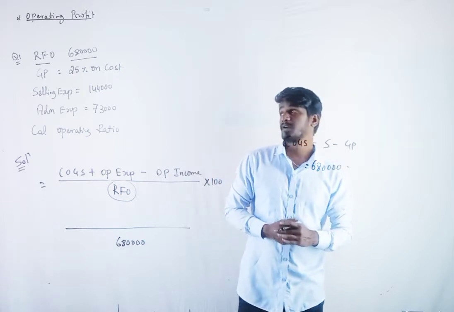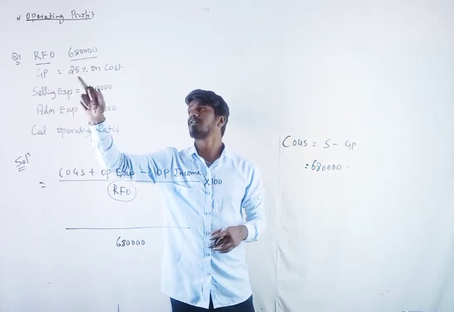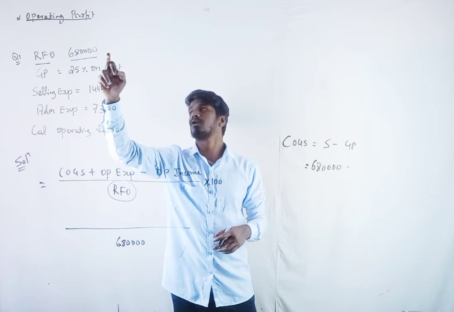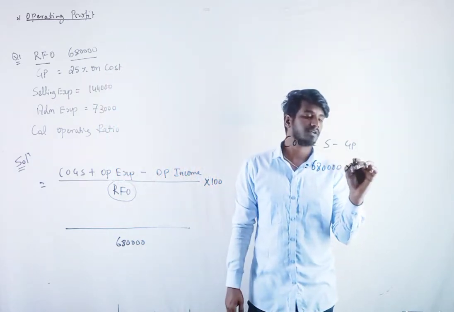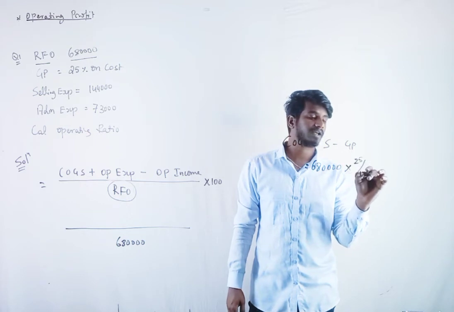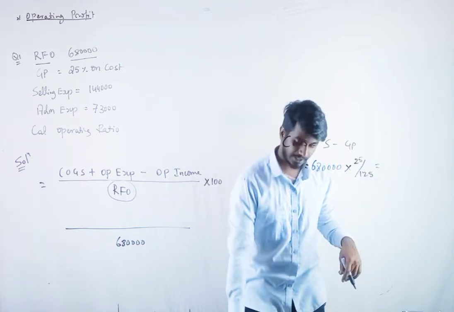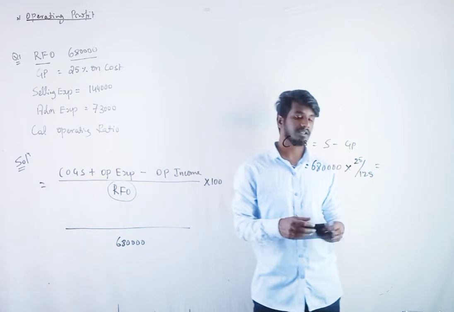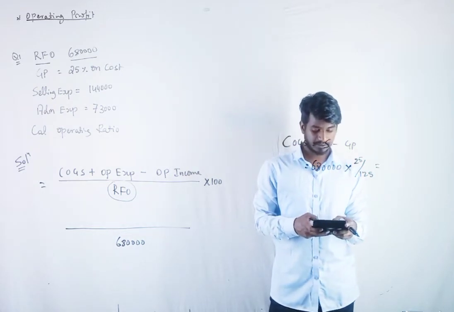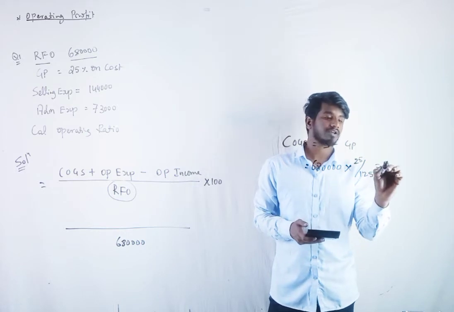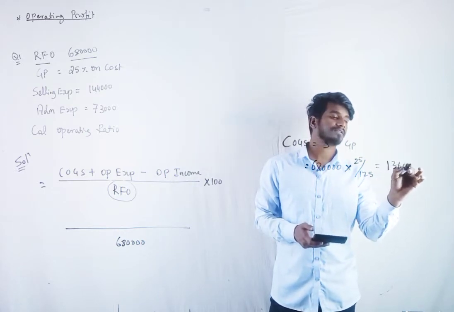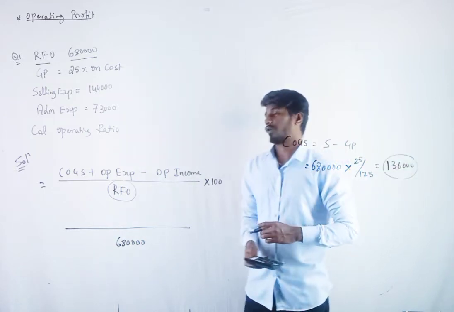Out of that, gross profit, do we know? No. They have given 25% on cost, which means into 25 divided by 125 we do. 6,80,000 into 25 divided by 125 comes out 1,36,000 gross profit.